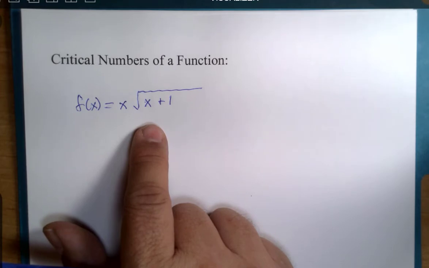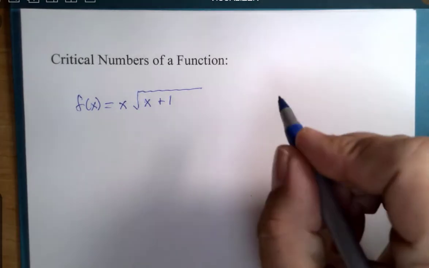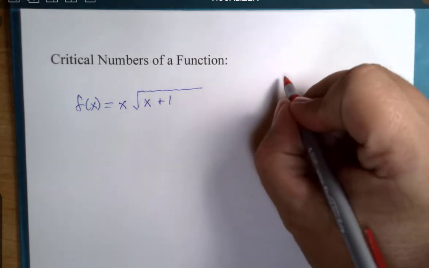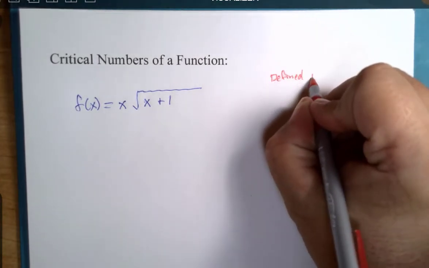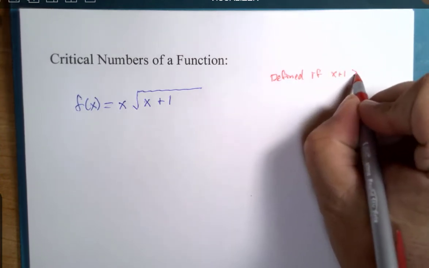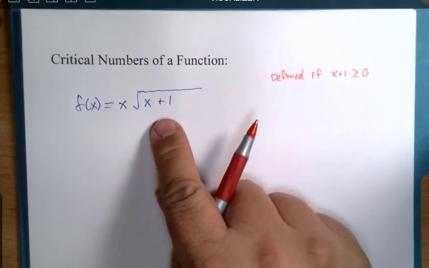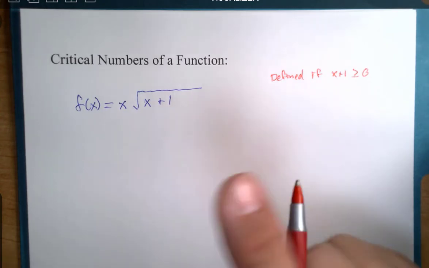So we are going to determine when this function is defined, and it's defined if x plus 1 is greater than or equal to 0. The square root of 0 is real, that's equal to 0. The square root of anything positive is positive, but the square root of a negative is not real.